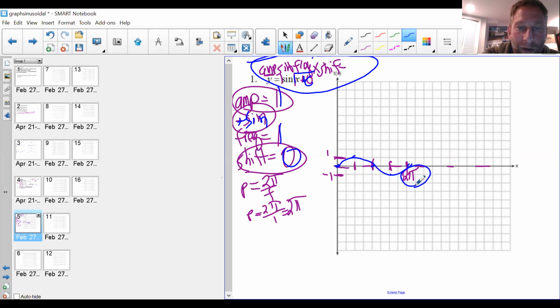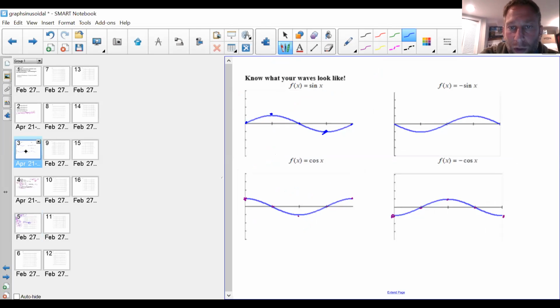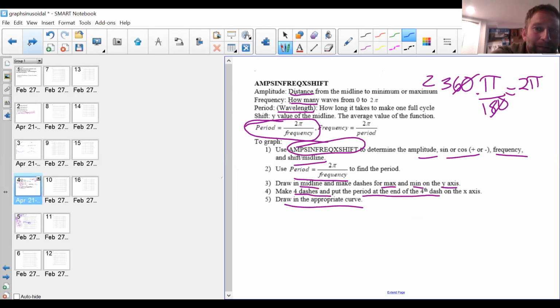It's 2 pi over the frequency, which was 2 pi. I make my midline, which is my shift. I go up and down this amount. I went up 1 and down 1. I make 4 dashes on my x-axis. The period goes at the end of the 4th one. From there, I look at my 4 waves. I draw the appropriate one, and I'm done.